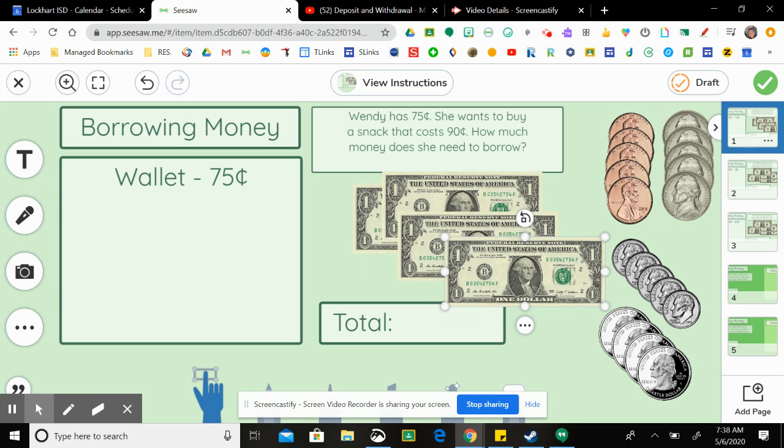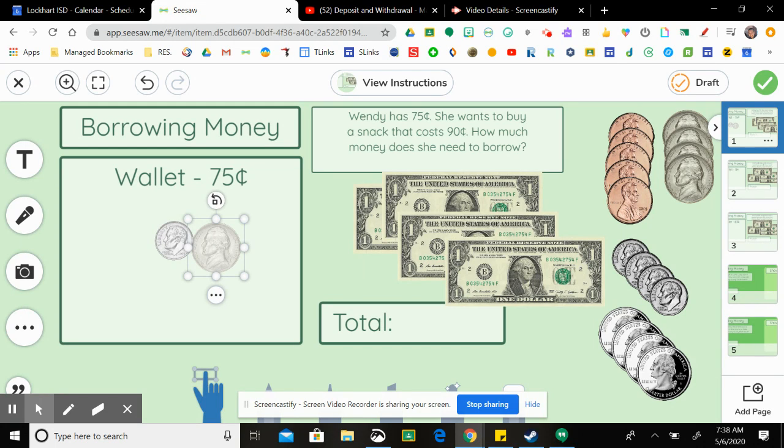So 75 cents. We know that dimes are worth 10 cents, so that's 85 because 75 plus 10 is 85. We can do 5 pennies, or we can just drag a nickel over here. And there we go.